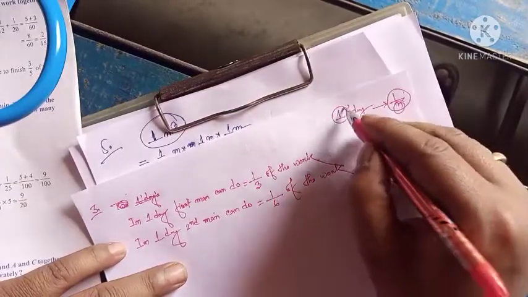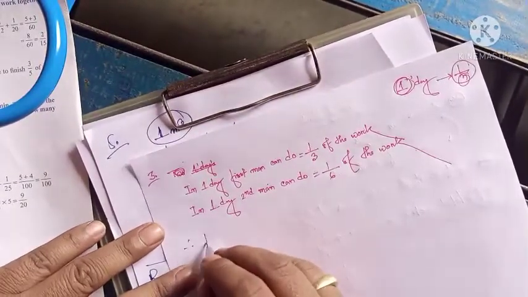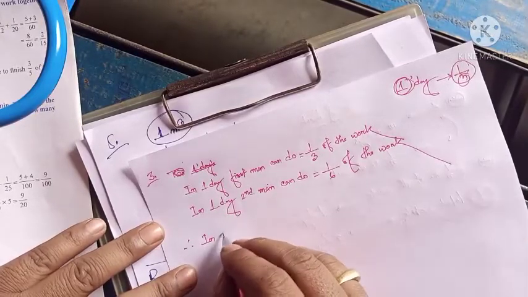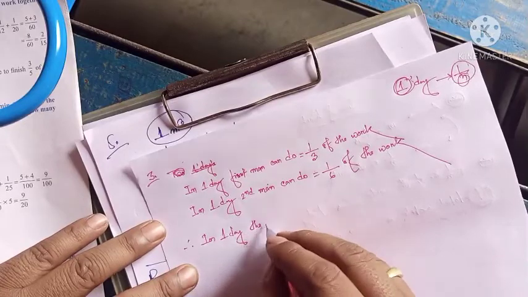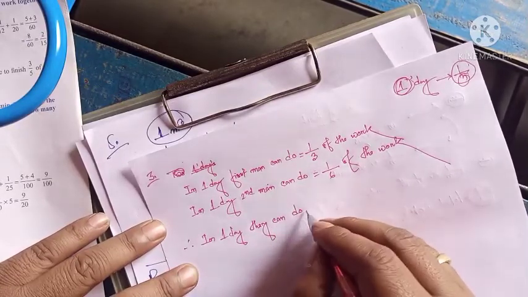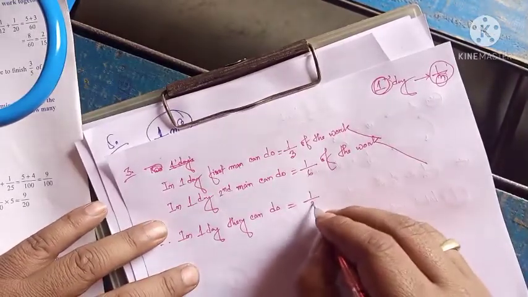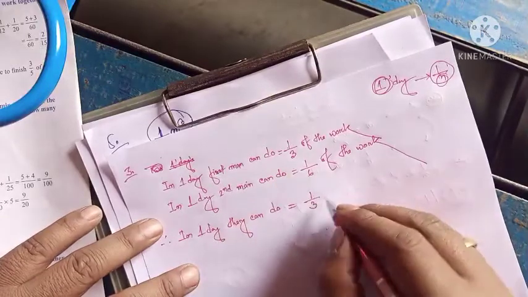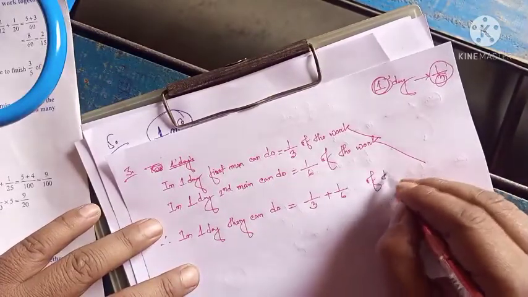In one day they can do 1 by 3 by first man and 1 by 6 by second man of the work.